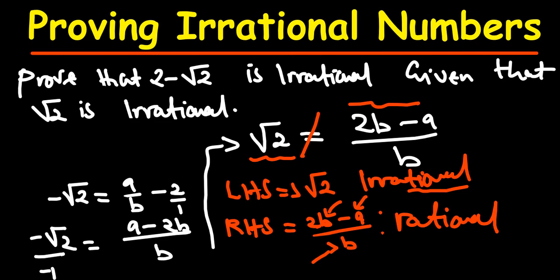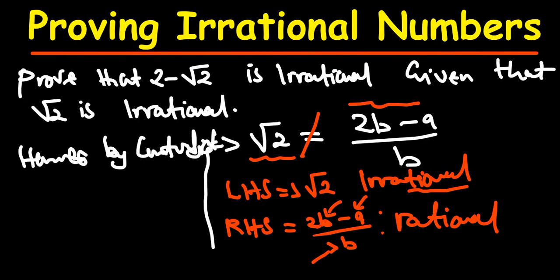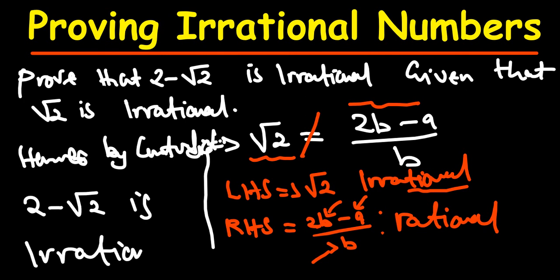So because of that contradiction, you're going to say hence by contradiction, 2 minus root of 2 is irrational. So it's that simple, guys. Is irrational, because of this contradiction that we can see here.